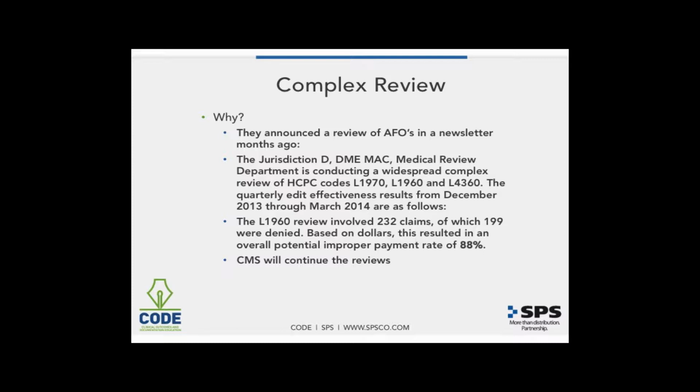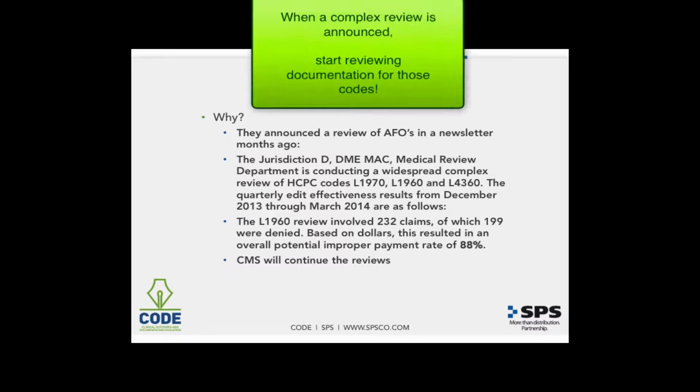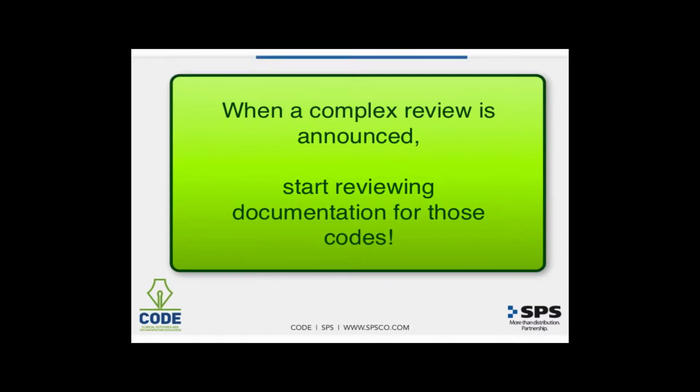But that's all to say, if the practitioner maybe or their staff had seen that newsletter announcement saying, hey, there's going to be a review of these particular codes, that should be sort of a red flag for them to take a step back and think, well, of course we're going to button up our policies on everything we do, but right now maybe we should go ahead and focus on really getting our paperwork in tip-top shape for these particular codes.